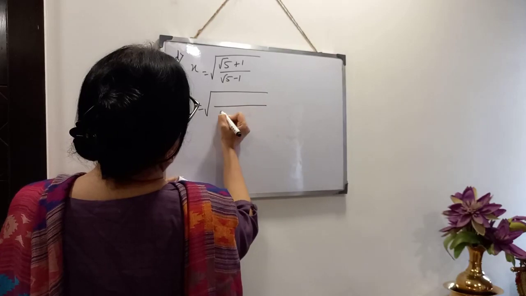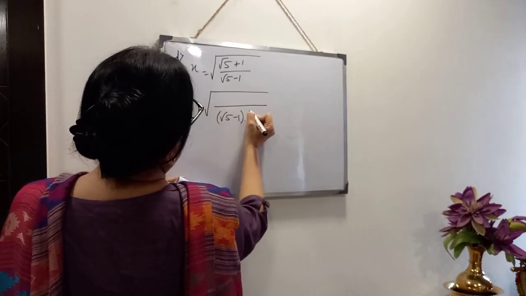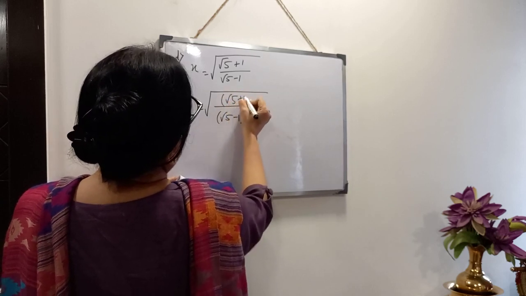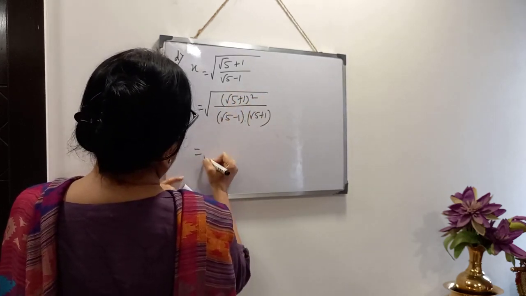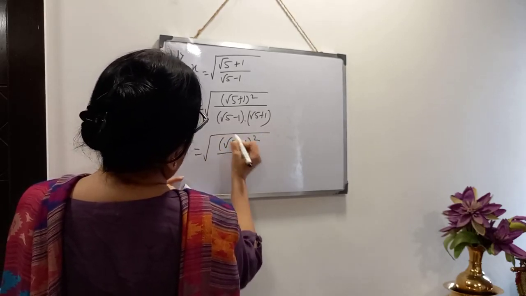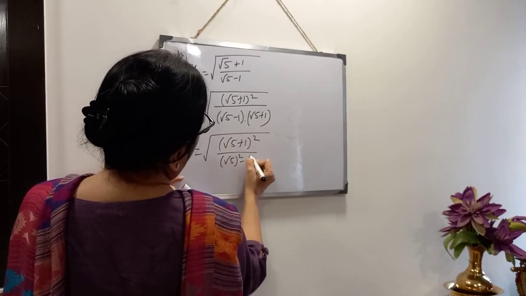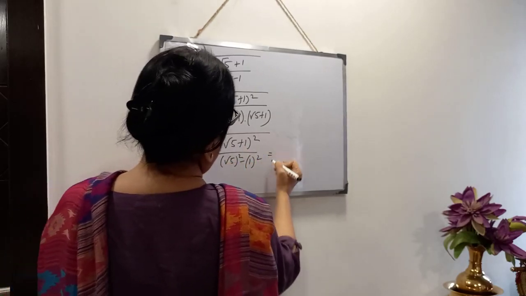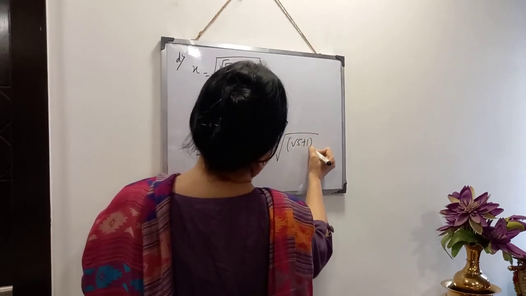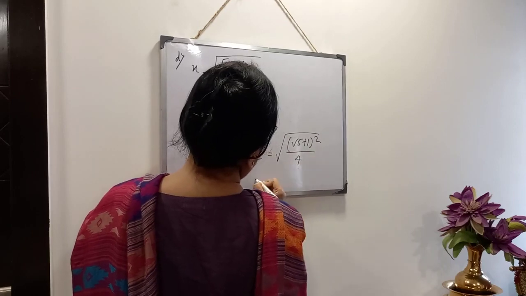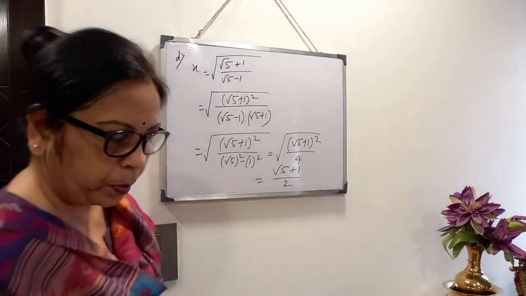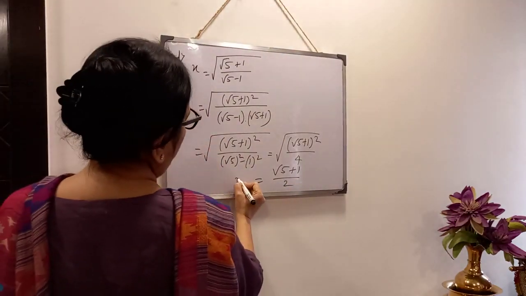Now this one, root over 5 minus 1 into root over 5 plus 1, and it will become root over 5 plus 1 whole square. Now root over 5 whole square minus 1 square. So out of the root it will become root over 5 plus 1 by 2. Clear? x equals this.